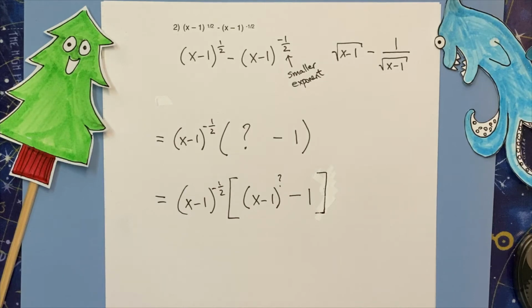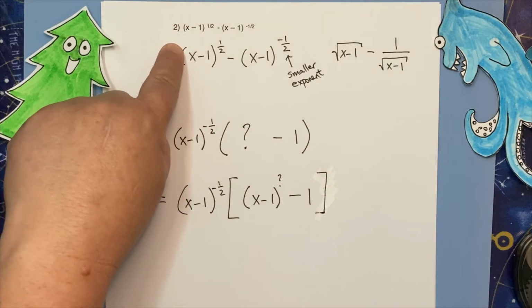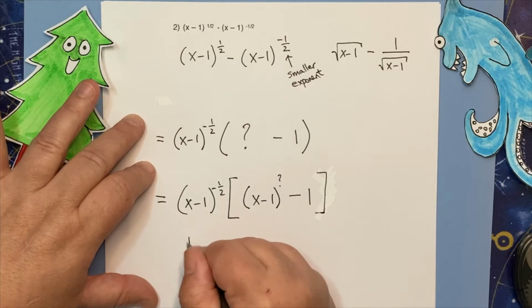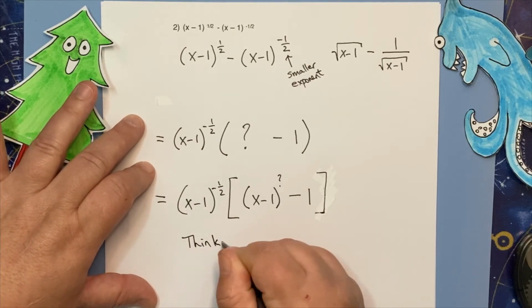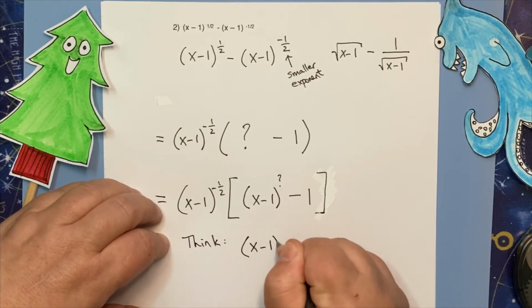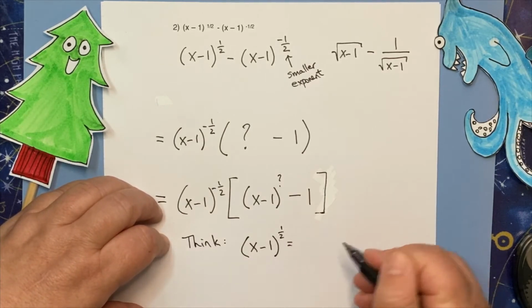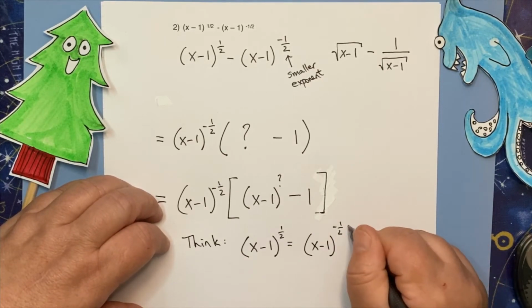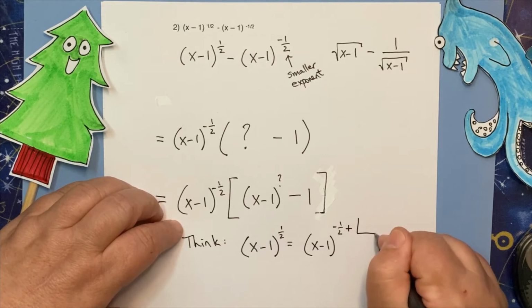Okay, here we go. So we're getting closer. This looks beautiful, right? We're almost there. So the question is, when I multiply this times this, I need to get to here. So what am I considering? x minus 1 to the 1/2 is equal to x minus 1 to the negative 1/2 plus what?